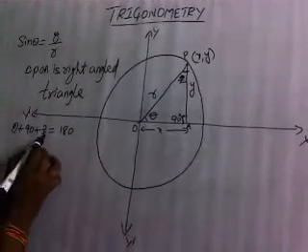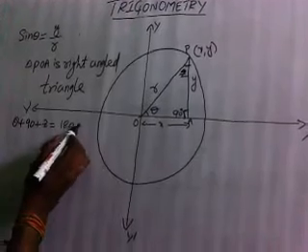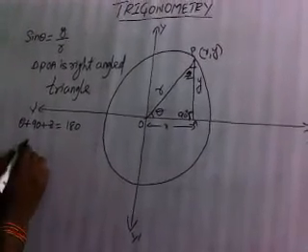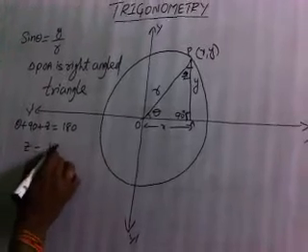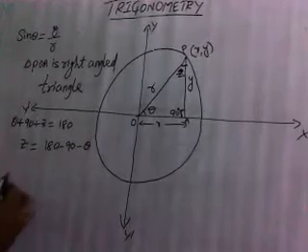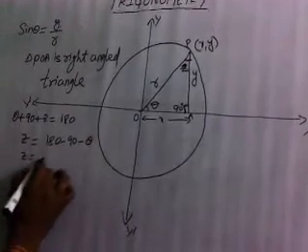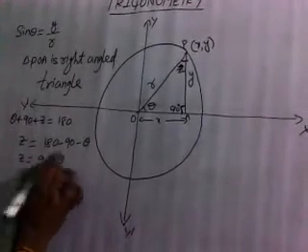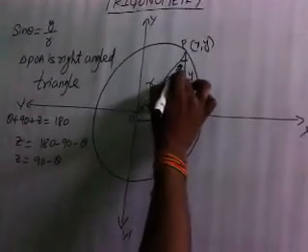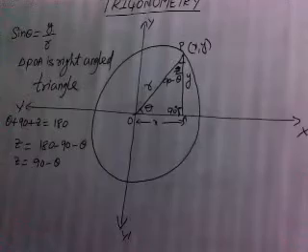Make Z the subject. Bring theta to the RHS, 90 also to the RHS. Plus will become minus. Z is equal to 180 minus 90 minus theta. So Z is equal to 90 minus theta. So this angle is 90 minus theta.